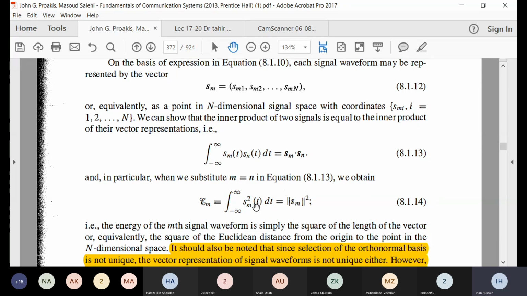Energy, this we have already seen. So S squared can be written as projections S1, S2, S3 onto psi 1, psi 2, psi 3. The projections will come out, and psi 1, psi 2, psi 3, their square root will come out to be 1. This will be a vector having projections on psi 1, psi 2 and psi 3 with squares.